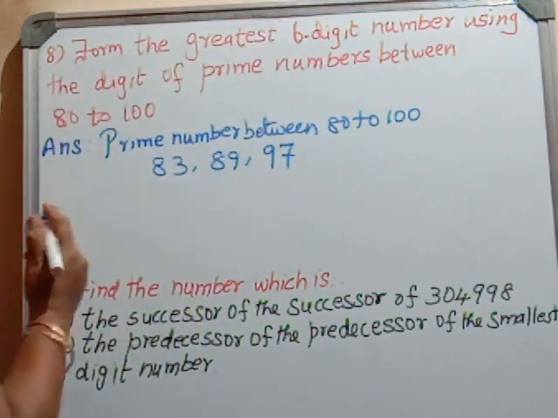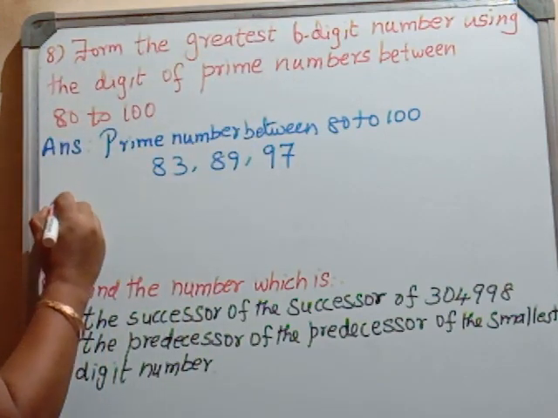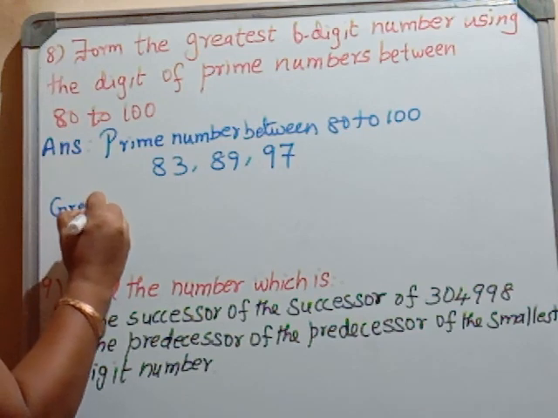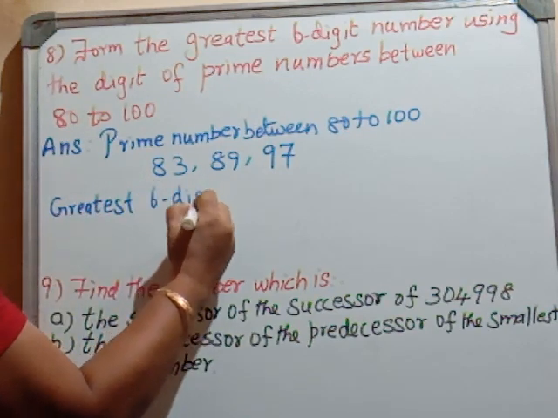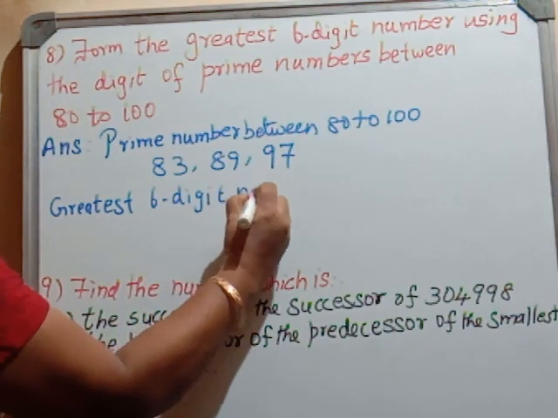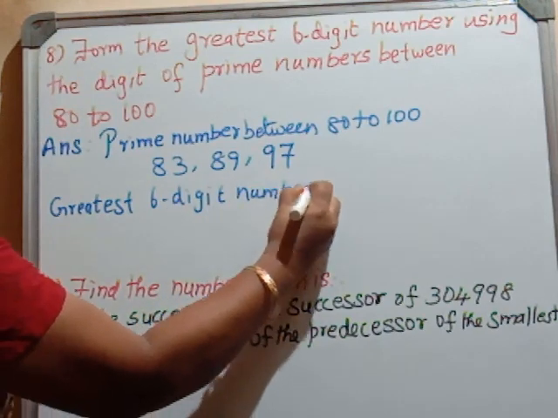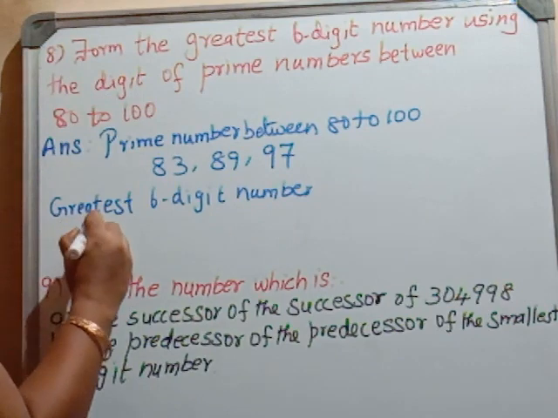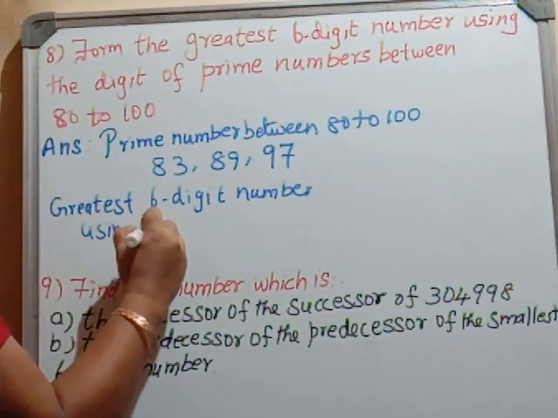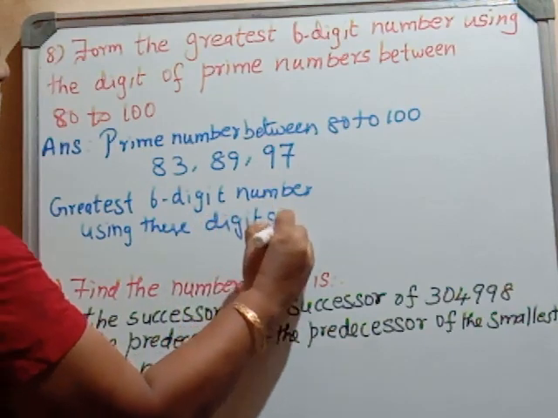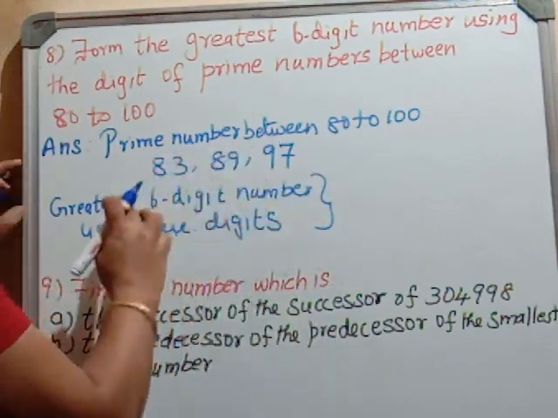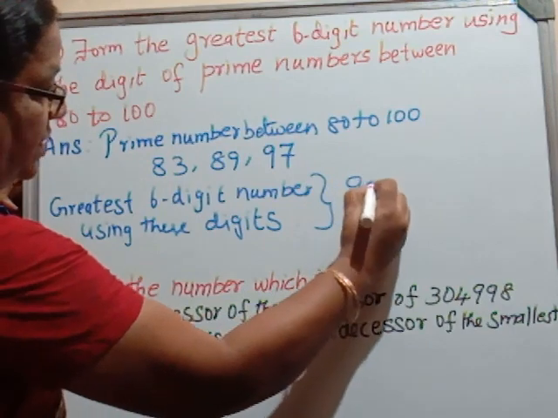Now, we are going to form the greatest 6-digit number using these digits. Now, here how many 9s are there? 2 9s are there.